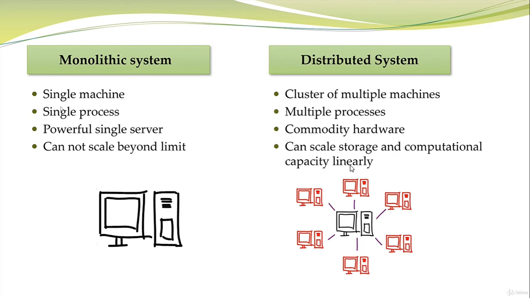Something that is axiomatic today but was not really well known 15 or 20 years ago is the fact that a cluster of machines can scale linearly with the amount of data that you have to process. The capacity of such a cluster increases with the number of machines in the cluster. If you double the number of nodes in the system, you will get twice the storage.